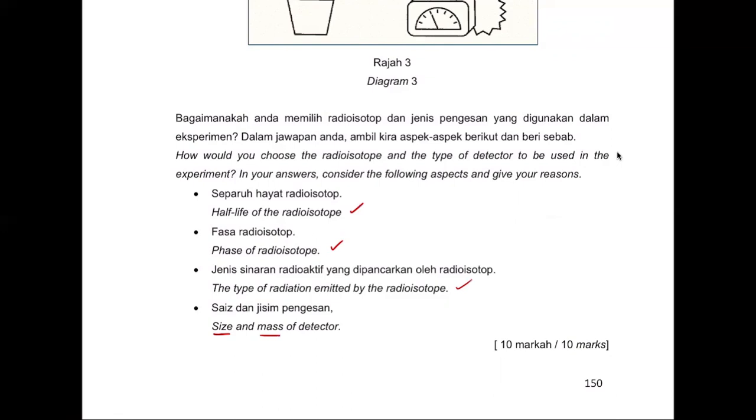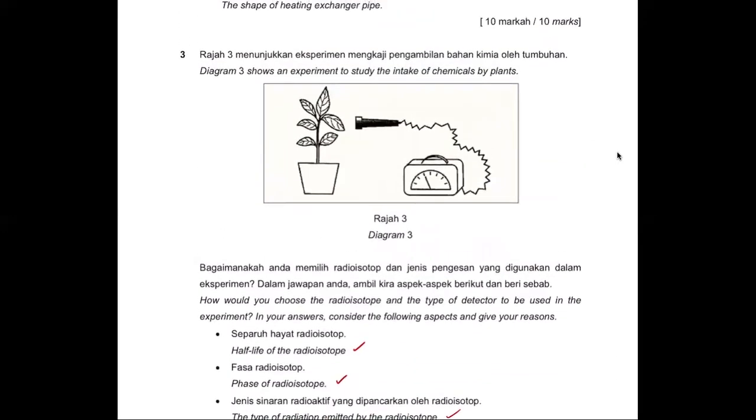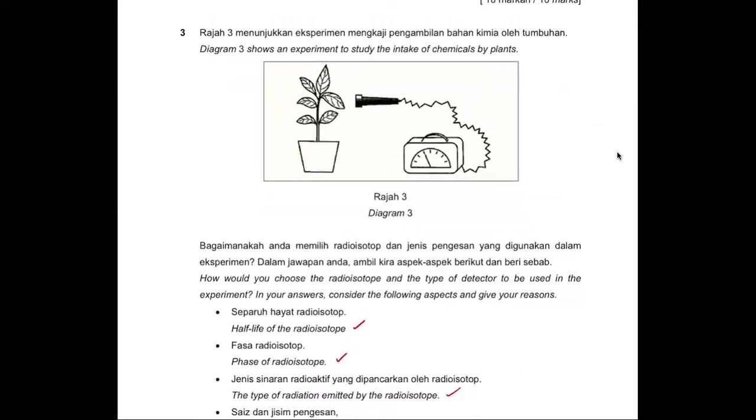So the half-life, okay, because this is an experiment and we want the half-life to be short. We do not want the half-life to be long, because if you answer the half-life as long half-life, so it will take you quite a long time to get the results of your experiment.